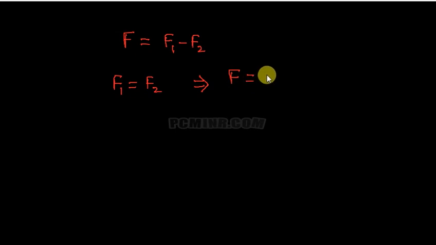And in this particular case, where they are acting in opposite directions, your F is equal to F1 minus F2. In case two equally strong people apply the force, that means F1 is going to be equal to F2, and so the net force you're going to get is F1 minus F1 because they're equal, which is equal to 0. So the body will not move. Right?